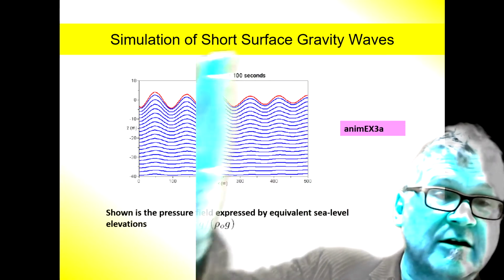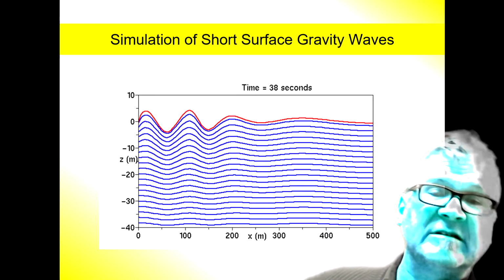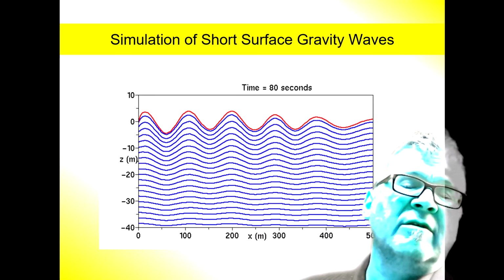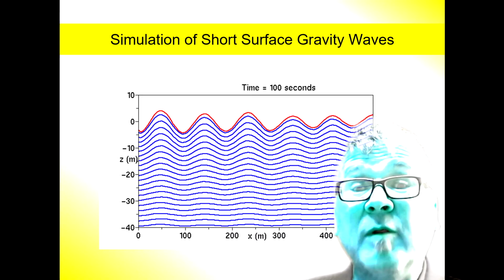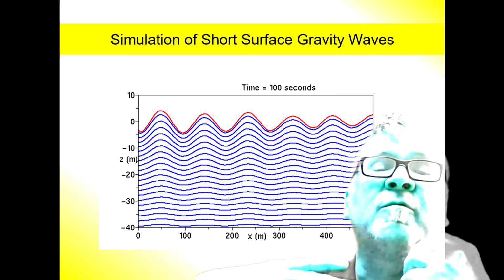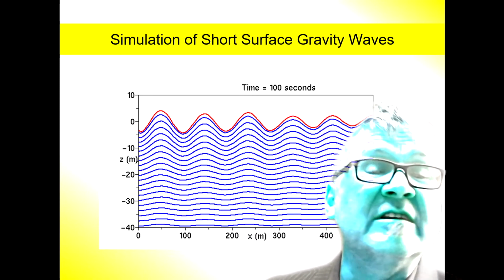Hooray, let's get it going, start it. Here you can see short surface gravity waves. This is how the model takes shape. And that's after the trouble of working with the SOR iteration, all that stuff.